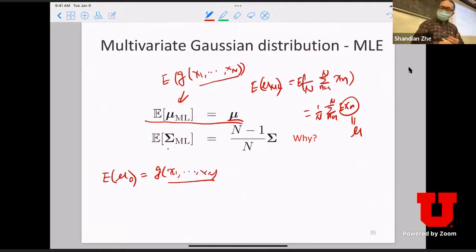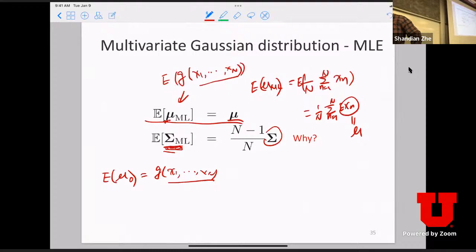But for the MLE estimate, the unbiasedness holds only for the mean. For the covariance, unfortunately, it is a biased estimate. That means if you take the expectation of your covariance estimate, it will not give you the true covariance.